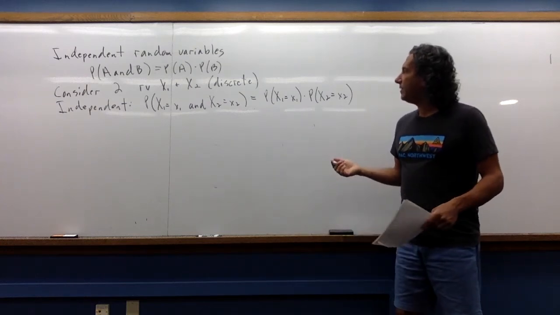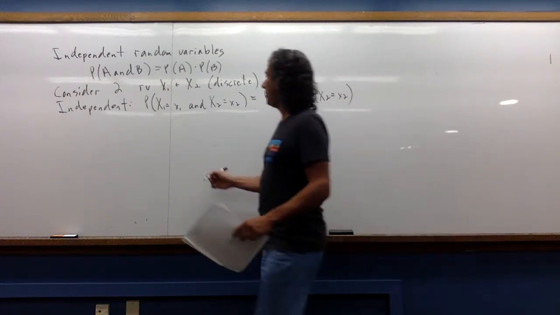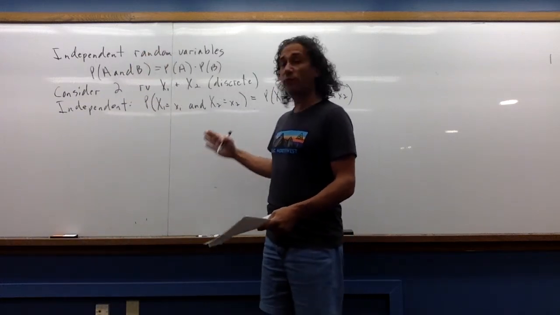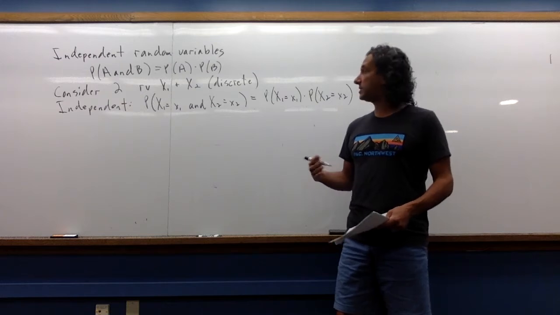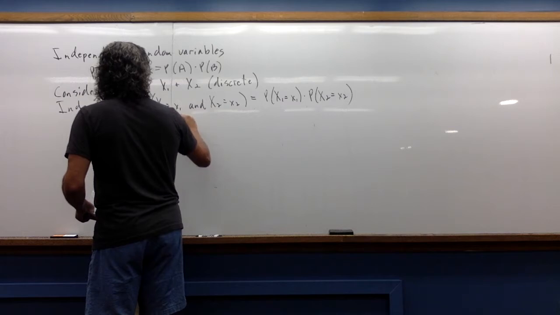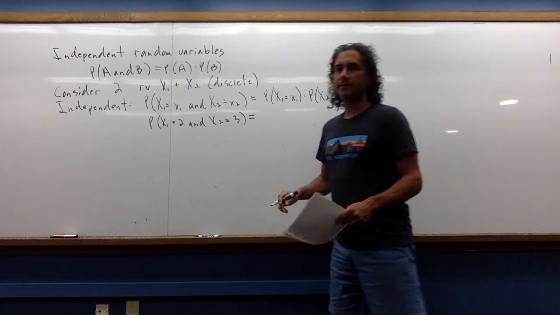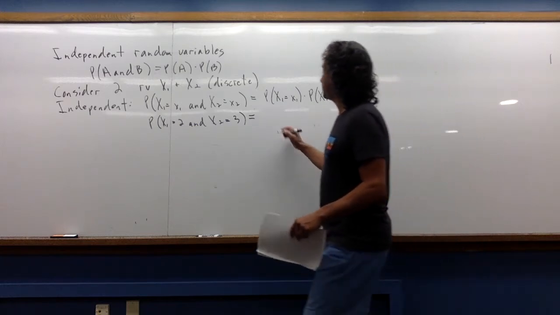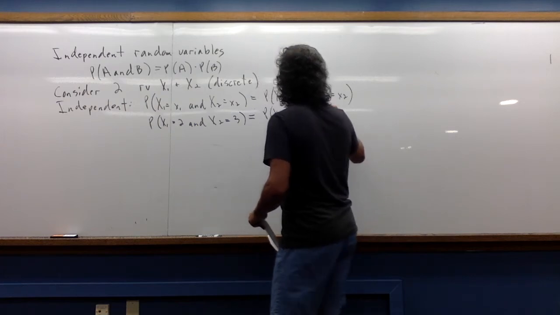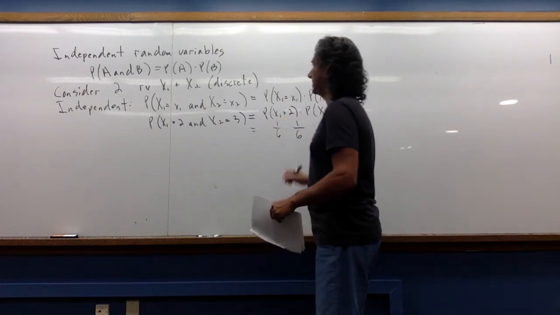So we've seen this sort of thing in rolling two dice. So for example, if both x1 and x2 happen to be uniform with m equal to 6, and you roll the dice, the probability that x1 equals 2 and x2 equals 3, well, that's just the probability that x1 is 2 times the probability that x2 is 3, or 1/6 times 1/6.